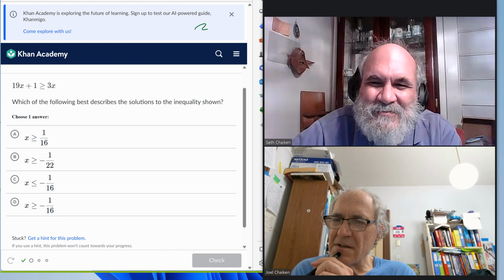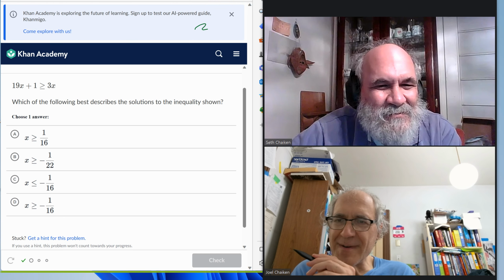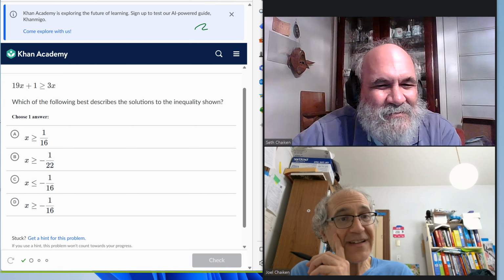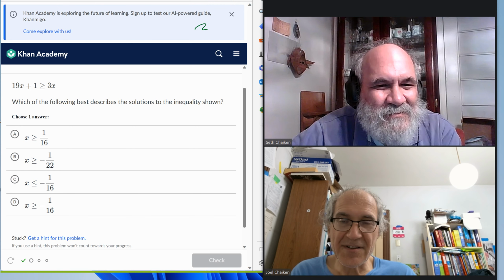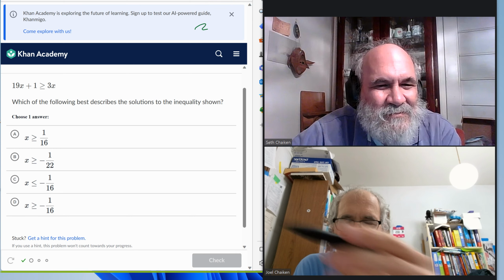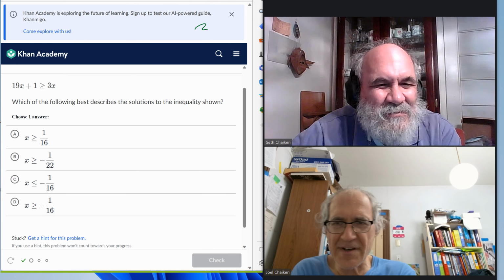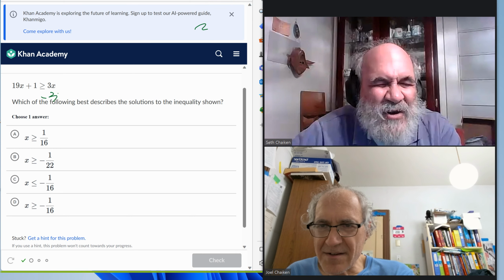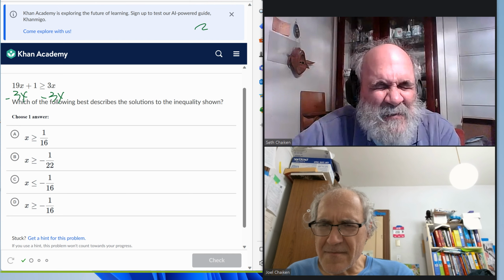Oh, right. Got it. Now I hate this one because, oh no, it's not that bad. You don't really ever want the X on the right side. You always want it on the left side. So we'd like to have the coefficient of X be positive.